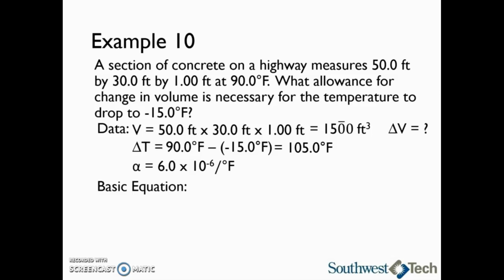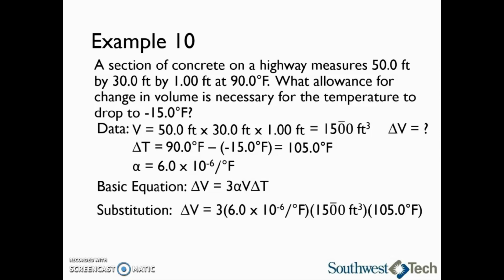We'll go ahead and write the basic equation next. Delta V is equal to 3 times alpha times V times delta T. Next, we can go ahead and substitute. Delta V is equal to 3 times 6.0 times 10 to the minus 6 per degree Fahrenheit times 1,500 cubic feet times 105.0 degrees Fahrenheit. This gives us a change in volume of 2.84 cubic feet.